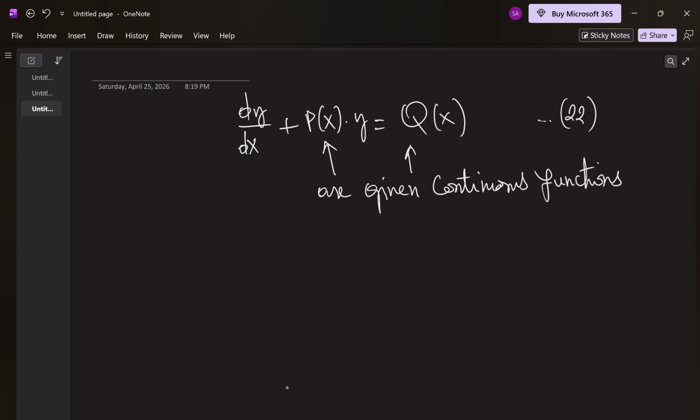Next, what we did is we considered a change of variable.